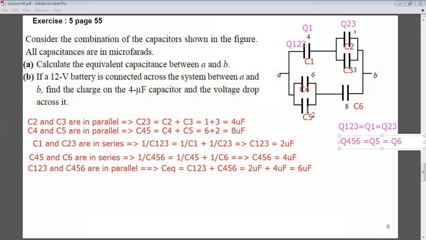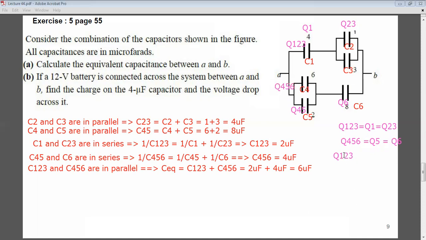Okay, because these are in series. Here there is a Q45, and here there is a Q6, and in the whole thing, there is a Q456.